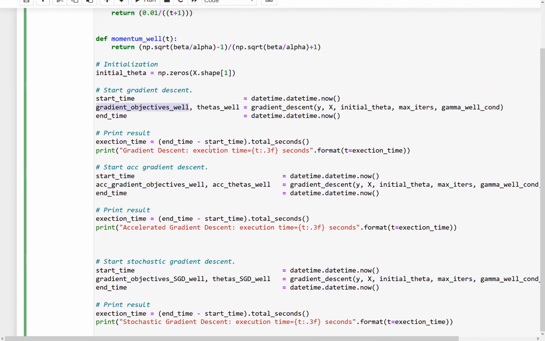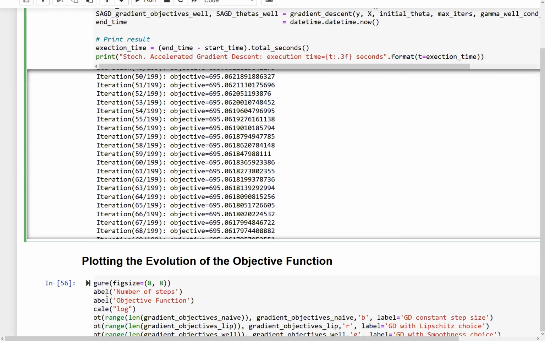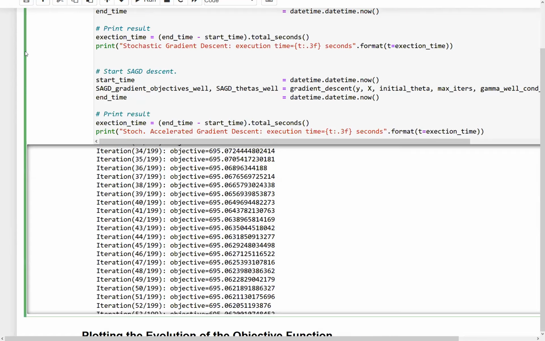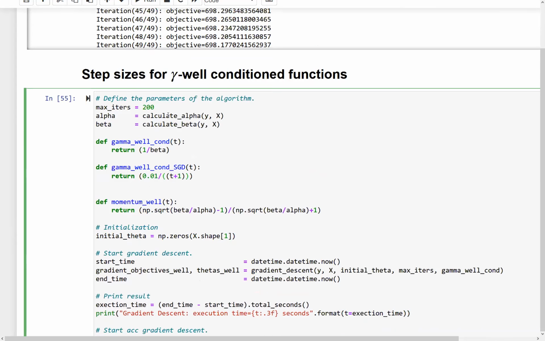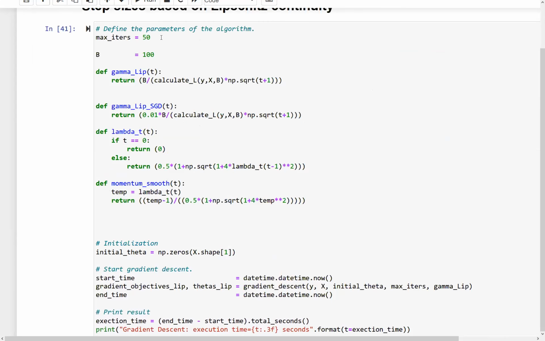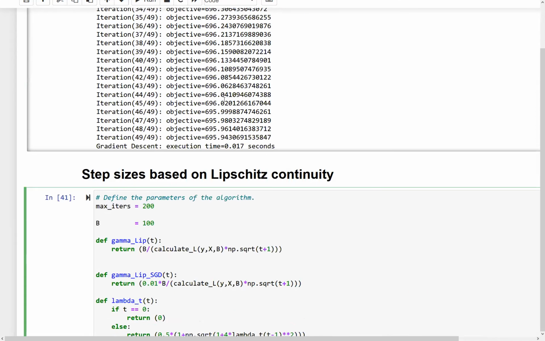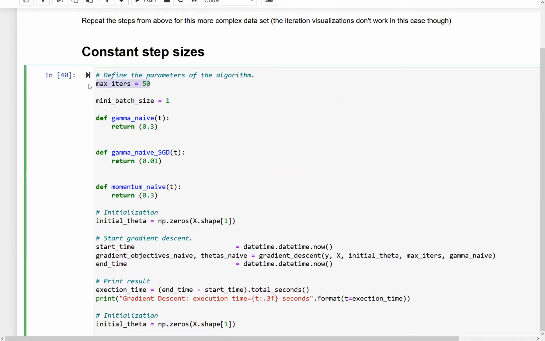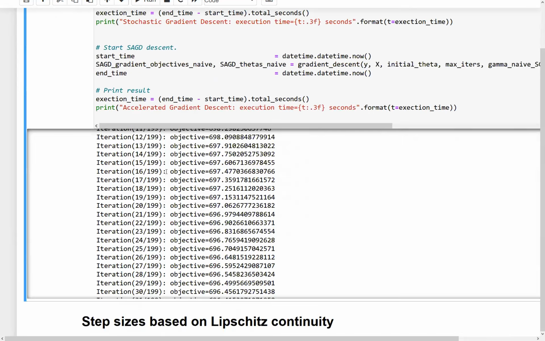Okay, I get it. This is only for the gamma well-conditioned case. Of course, we have to change it also for the others. And then we run everything again.